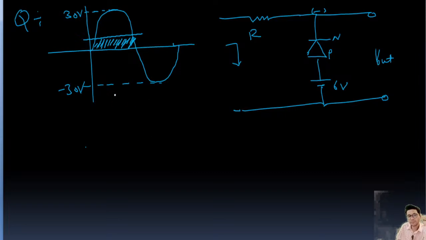Here you can see this is the 6 volt clipped. So the output for the second half cycle is going to be 0.